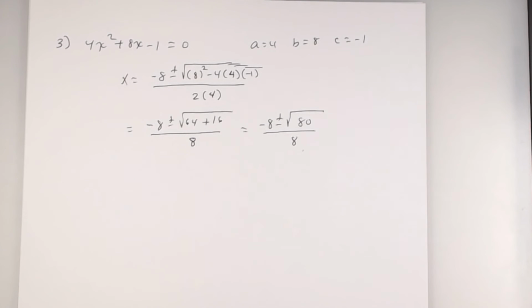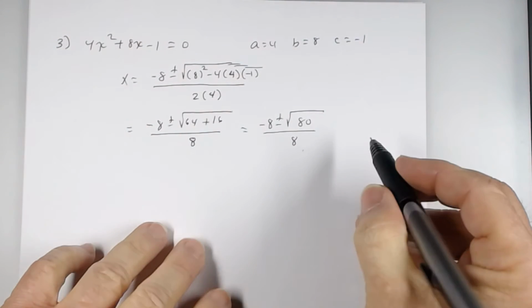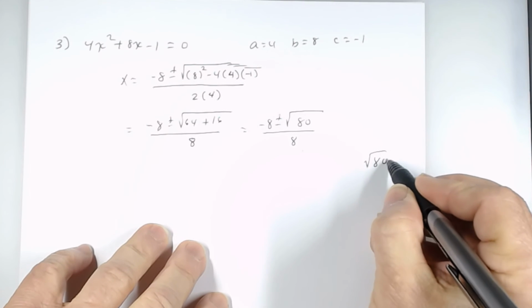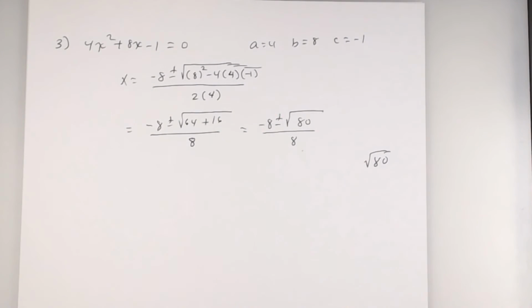Because my solutions are going to be what kind of solutions? Rational or irrational? Irrational. Because 80 is not a perfect square. So let's talk about the square root of 80 then. And always use the largest. You don't have to use the largest, but it does help you to come up with this quickly.